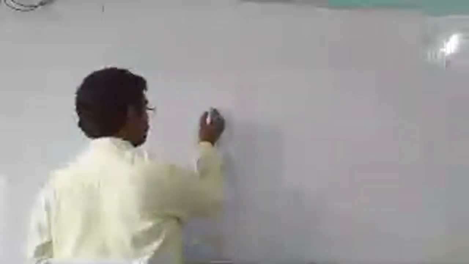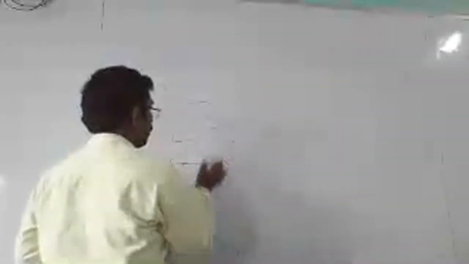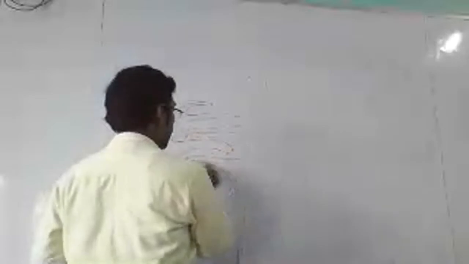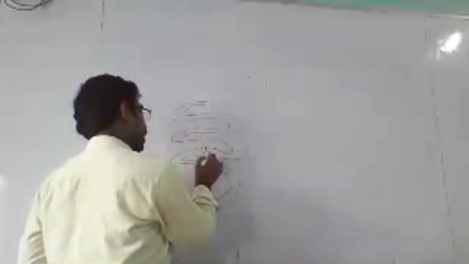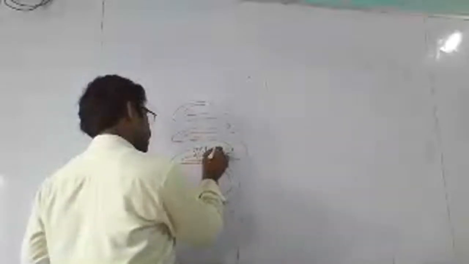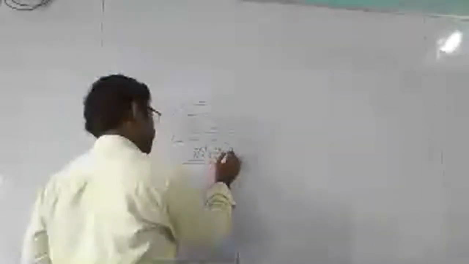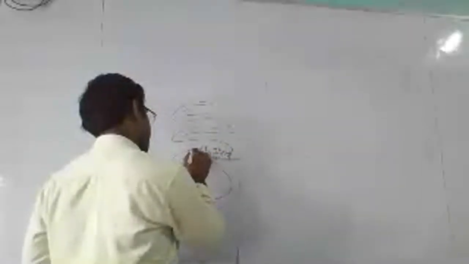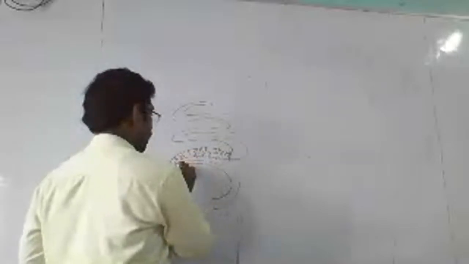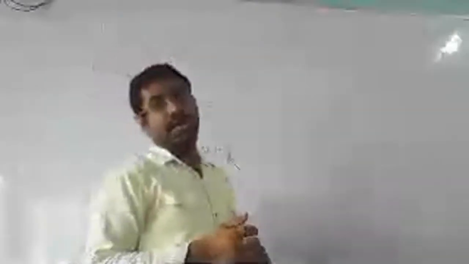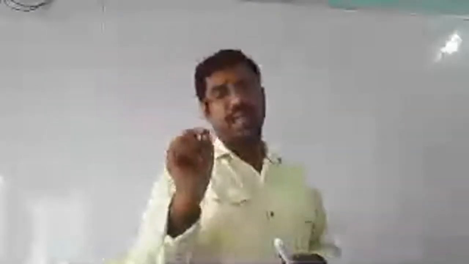First of all, this small intestine is coiled like this, and inside that also we have finger-like projections called villi. These villi are lined with blood vessels.